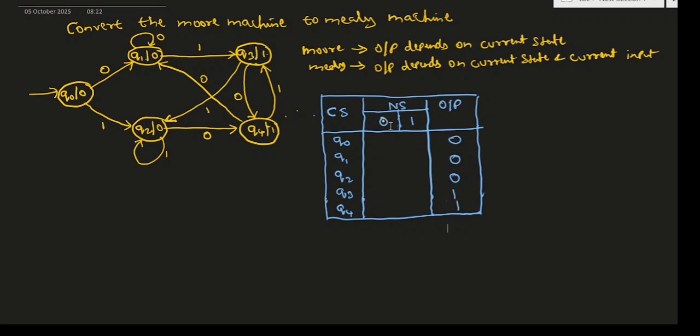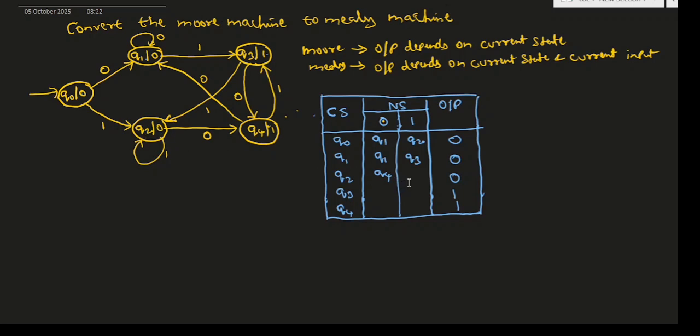Now what are the inputs here? Let's make a bifurcation for the next state. In Q0, when 0 is applied, it goes to Q1. When 1 is applied, it goes to Q2. In Q1, when 0 is applied, it comes to Q1 itself. When 1 is applied, it goes to Q3. In Q2, when 0 is applied, it goes to Q4.